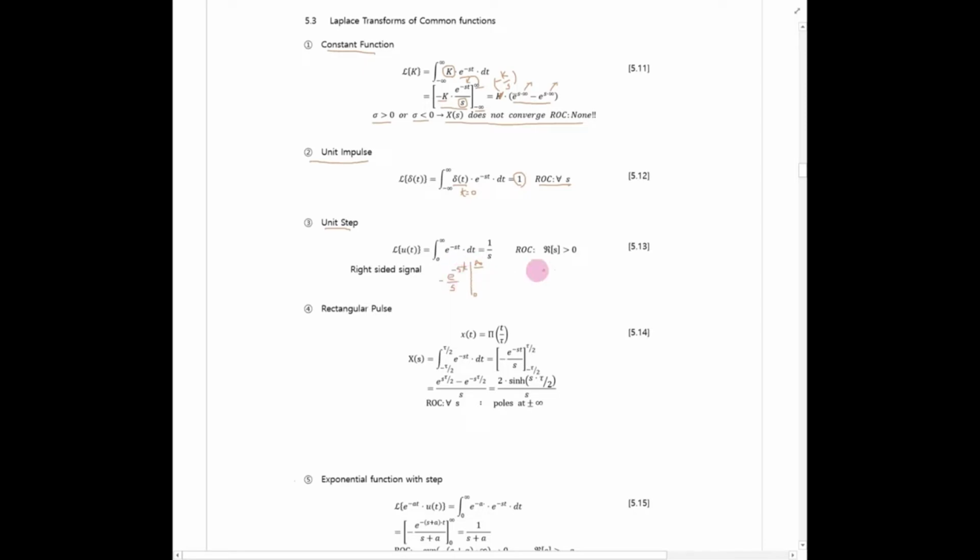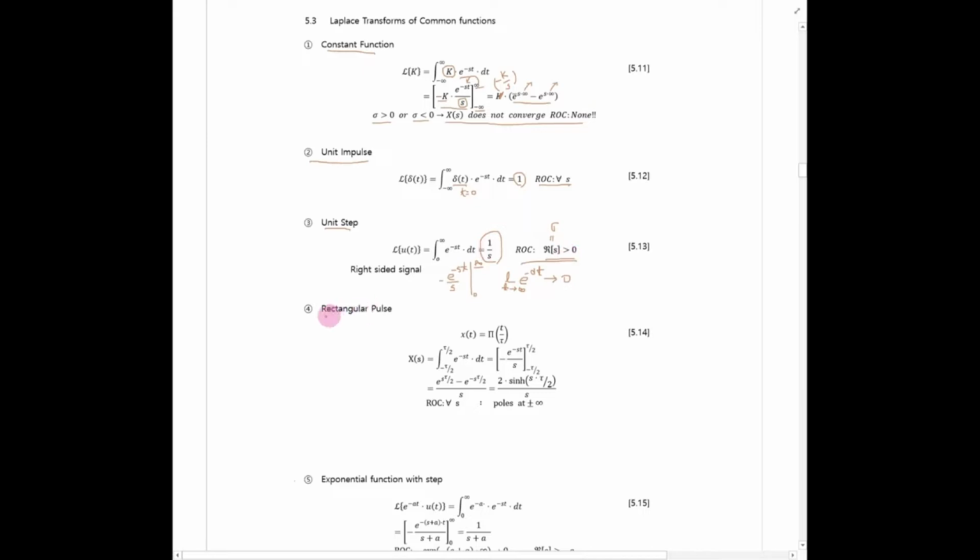To satisfy that, this condition should be satisfied. It means that sigma should be positive. Then e to the minus sigma t, as t goes to infinity, goes to 0. So it is 1 over s. The region of convergence is this one, positive, right-sided.